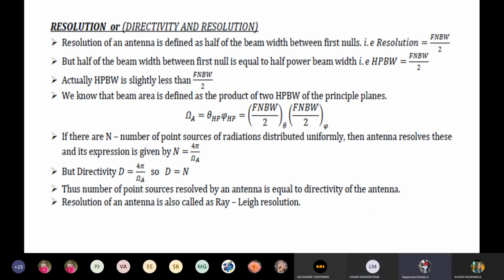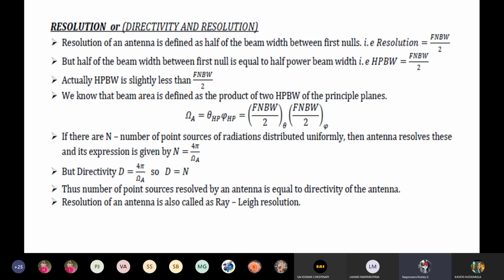Next, directivity and resolution. Resolution of an antenna is defined as half of the beam width between first nulls. Resolution is equal to FNBW by 2. What is FNBW? Beam width between first nulls.